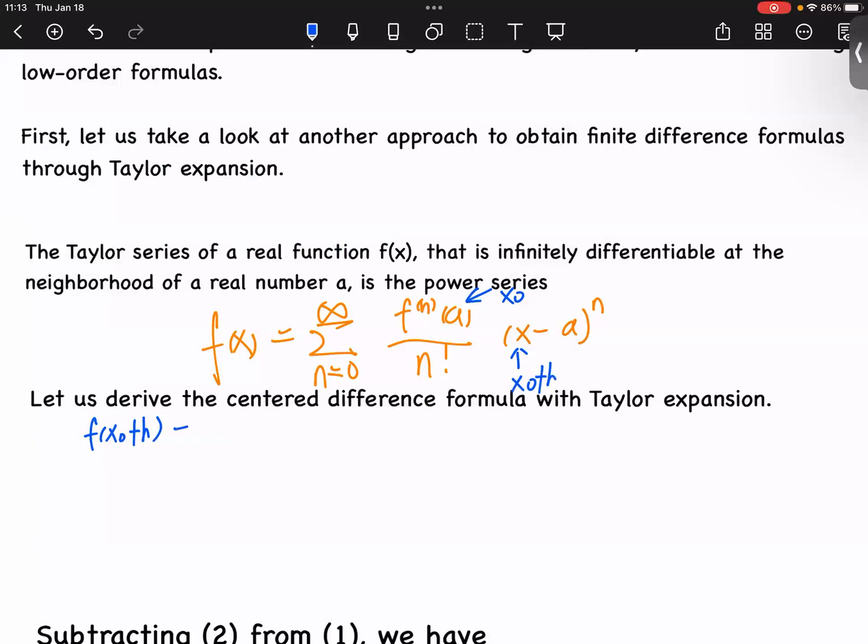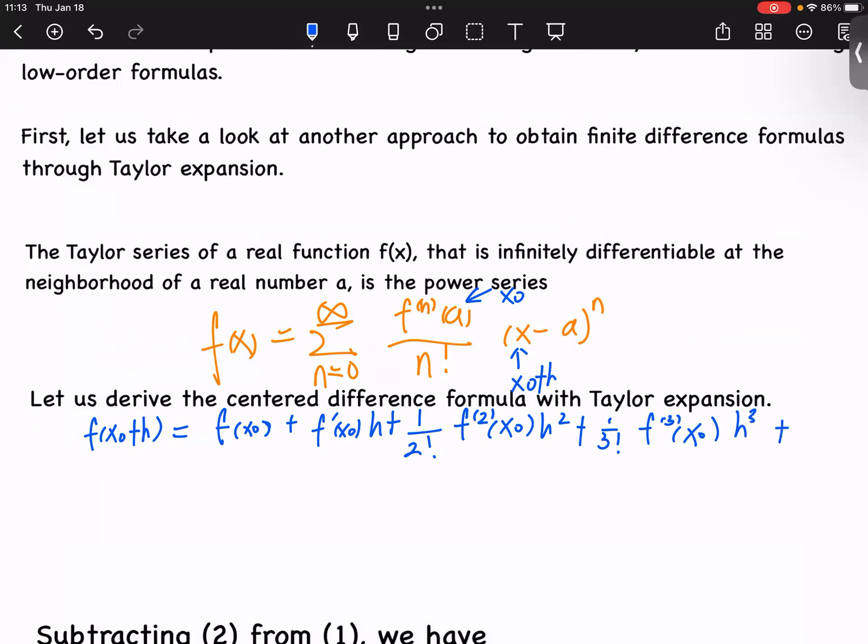So for the first term, I have f(x0), and then the second term, I have the first derivative times h, and then the third term should be 1 over 2 factorial with the second derivative, h squared, and then 3 factorial, third derivative, and it's pretty simple.